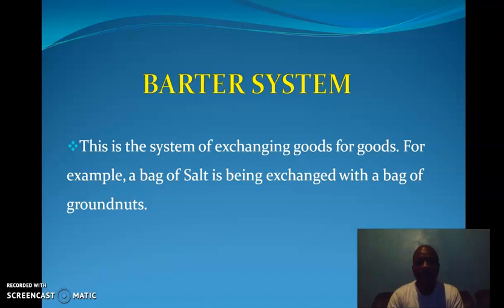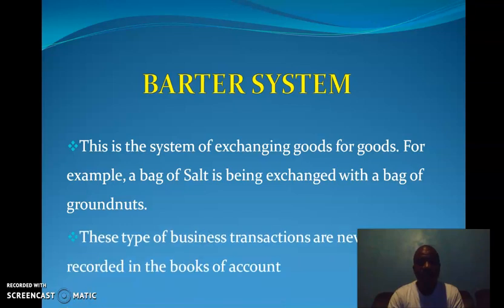For example, a bag of salt is being exchanged with a bag of groundnuts. So a bag of salt and a bag of groundnuts are goods. And we see that these goods are being exchanged and there's no money involved. So barter system is simply exchanging of goods for goods. This type of business transaction are never recorded in the books of accounts.